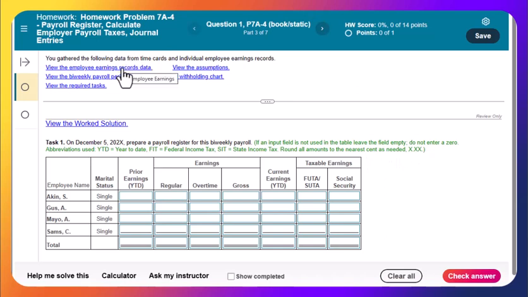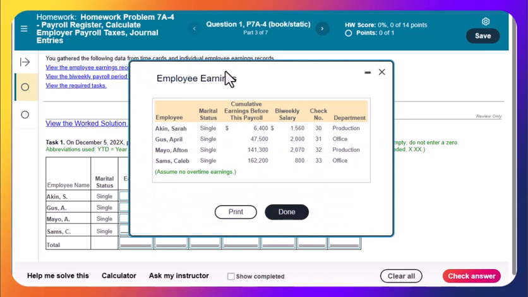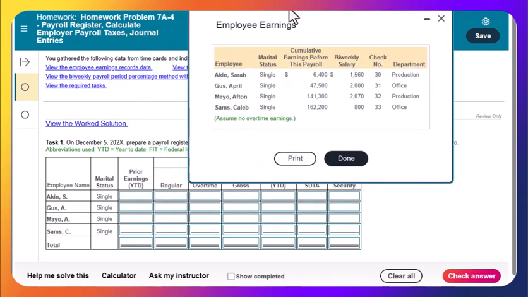So we'll go ahead and reopen that first table here, to view the employee earnings record data, to start us off here. We can use cumulative earnings before this payroll to get the prior year earnings year to date, so we can copy and paste that in for these employees. Copy and paste keeps it simple. 47,500 for Gus.